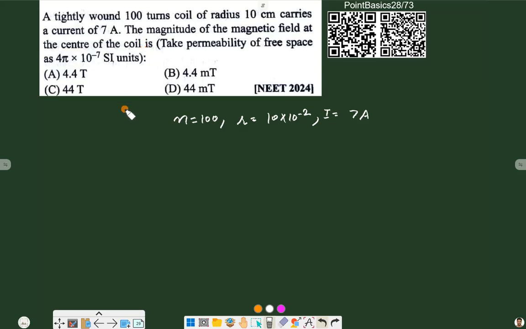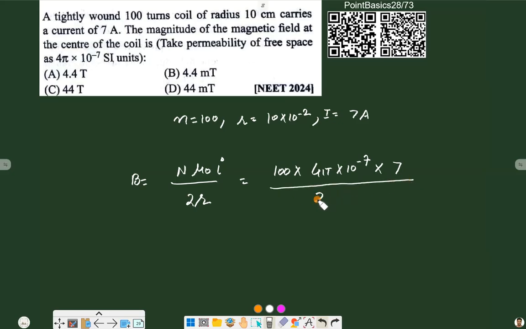We have to find the magnetic field at the center of the coil, and for that we know the value is N times mu naught I by twice of R, where N is the number of turns. So 100 into 4 pi into 10 raised to power minus 7 into 7, divided by twice 10 raised to power minus 1.